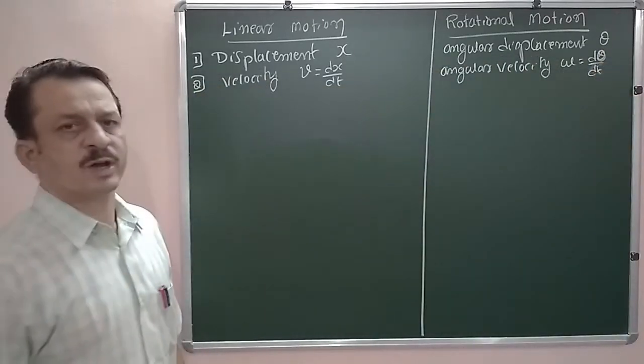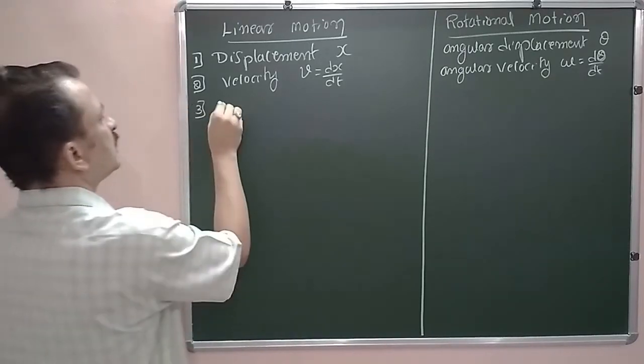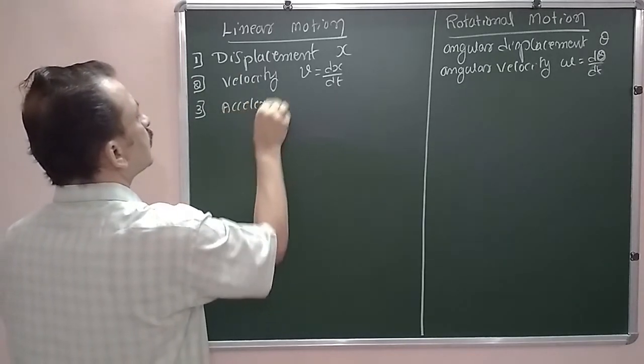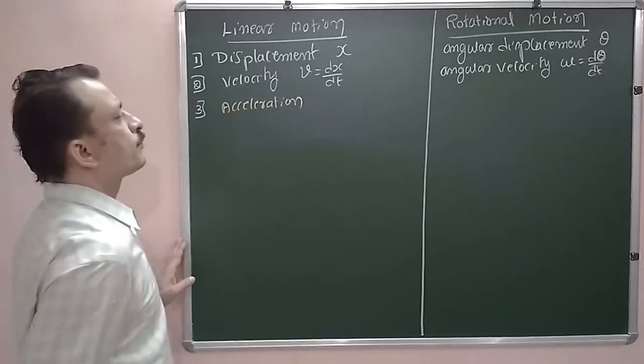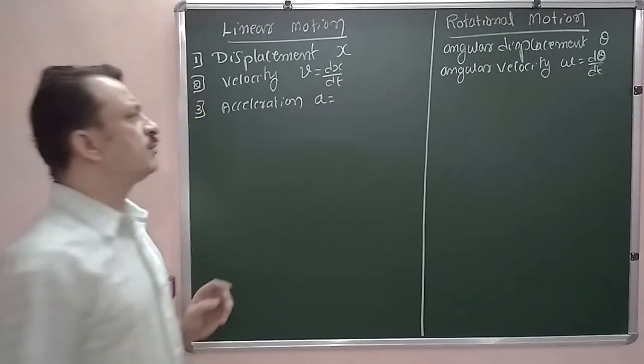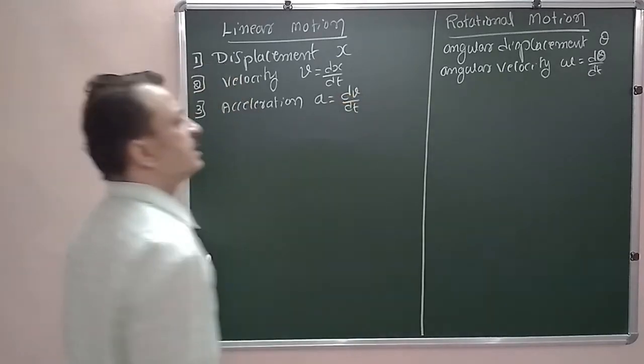That's the second term where we have similarities or analogy. Third one, linear acceleration. What is linear acceleration? It is given by the rate of change of linear velocity, dv by dt.